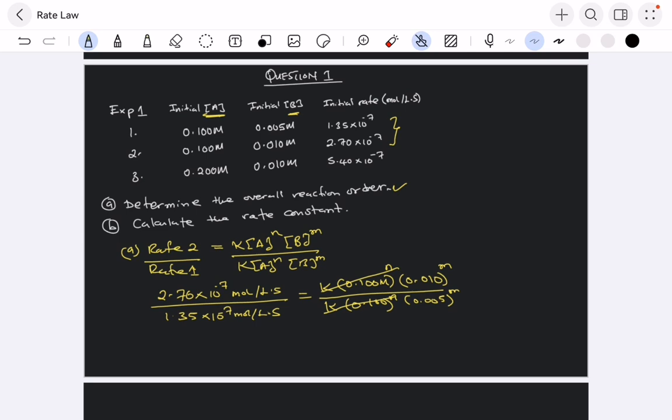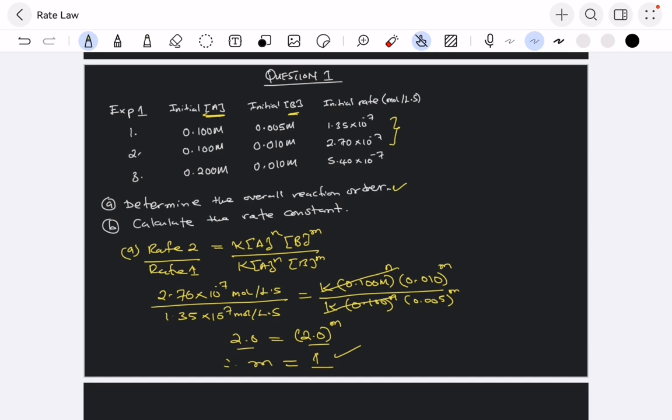Then when this is calculated, it gives us 2.0. Then this side we equally get 2.0 to the m. Therefore, same base, meaning m is equal to 1. So we know the value of m.